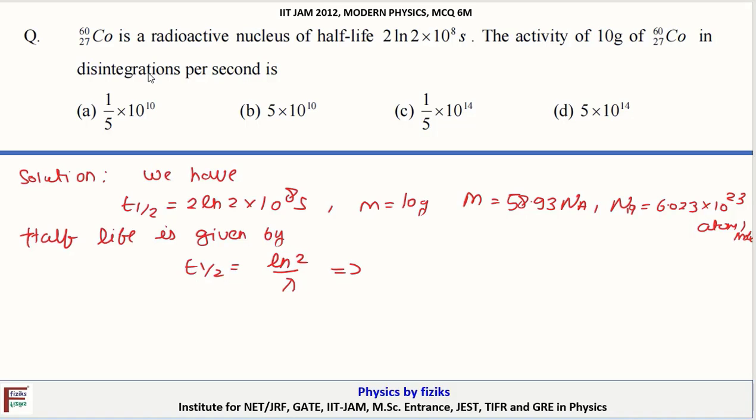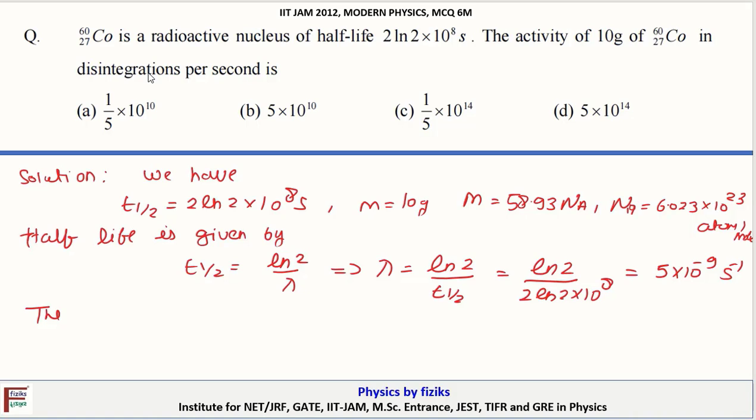So lambda would be ln 2 divided by T half, which is equal to ln 2 by 2 ln 2 into 10 to the power 8 per second, which turns out to be 5 into 10 to the power minus 9 second inverse.